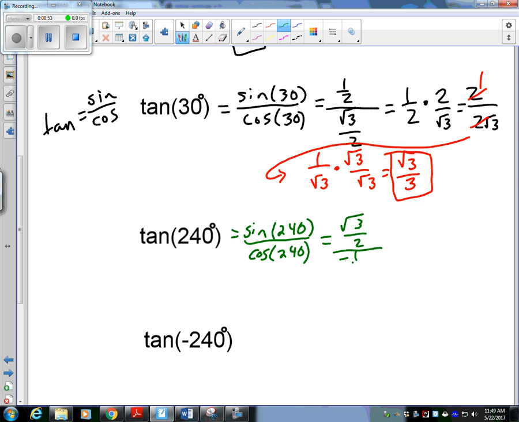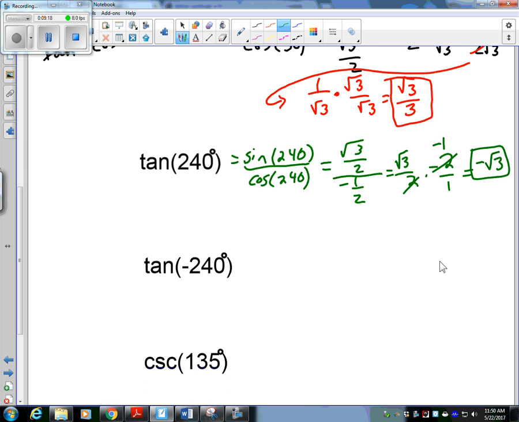When you do this, we got to keep it, change it, and flip it. So square root of 3 over 2 times negative 2 over 1. Simplifying, you got 2 and negative 2, that becomes negative 1. It becomes negative square root of 3 over 1, which is just negative square root of 3. There's your answer.